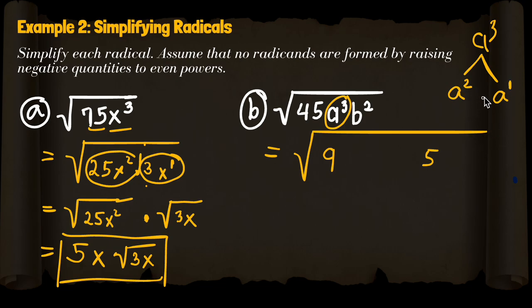Because a raised to 2 times a raised to 1 is equal to a raised to 3. Nagkataon na may mas malaking perfect square. So, ibig sabihin, ito yung dalawang factor. Dito ko ilalagay yung isa, a raised to 2. Dito ko ilalagay yung isa, a raised to 1. Okay? So, I hope you get it.